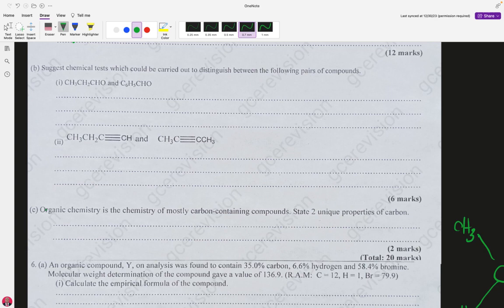Carbon is unique in chemistry, because the whole of organic chemistry is taken away by the carbon element. So what are the 2 unique properties of carbon? I'm going to give you a list of about 4 unique properties of carbon. You can choose from those 4.